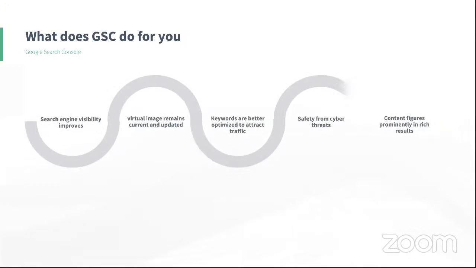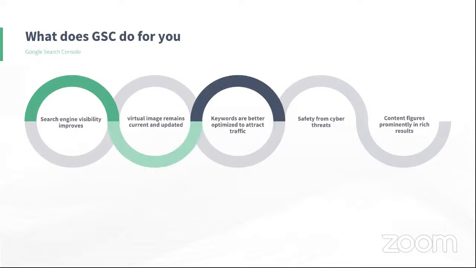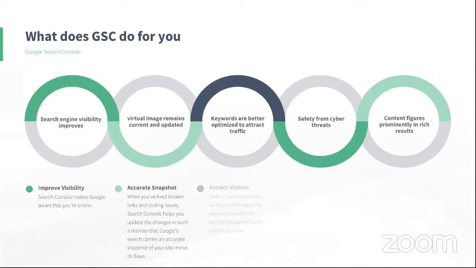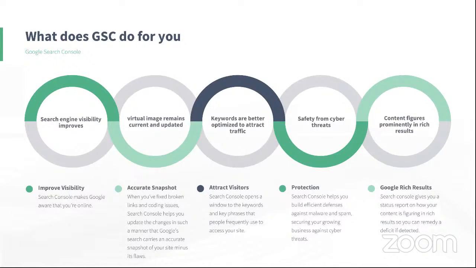So what does Google Search Console do for you? It helps you increase your visibility when people are looking for you. It allows you to upload content and pictures about your business and your products, and at the same time tells you what's working, what's not working, and what potential issues you have on your website. It helps you plan your keywords better.